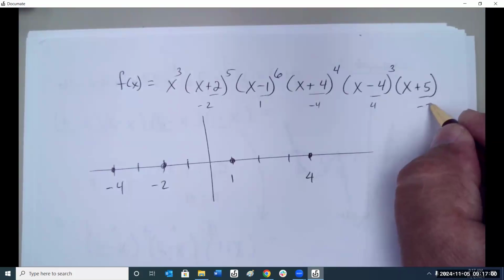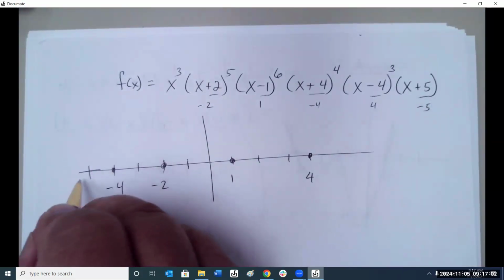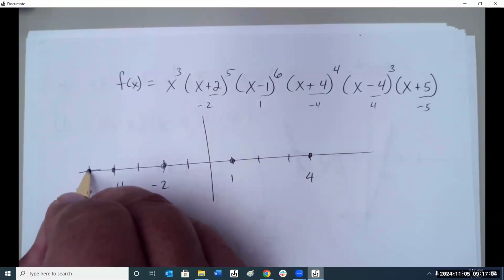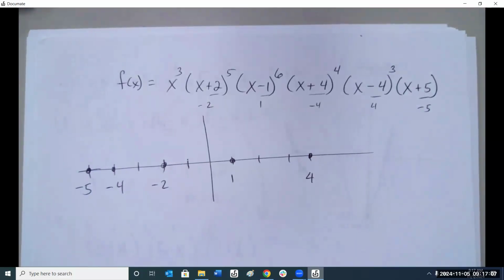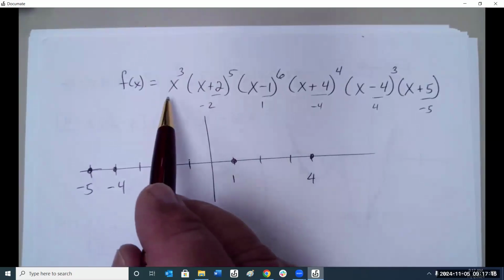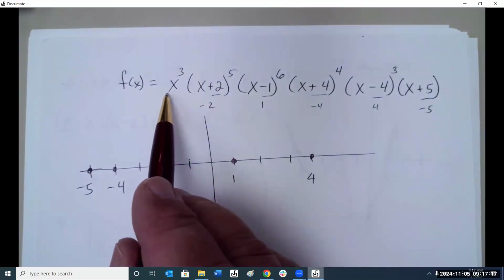And you're missing one. What about this one? It's an x, isn't it?